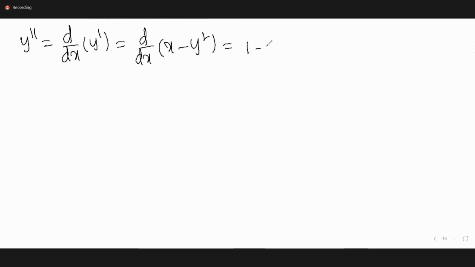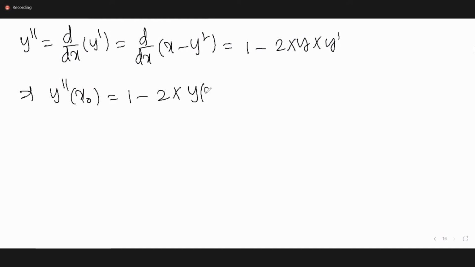Next, y double dash is equal to d by dx of y dash. So d by dx of x minus y square is 1 minus 2 into y into y dash. So y double dash of x naught is equal to 1 minus 2 into y of x naught into y dash of x naught.